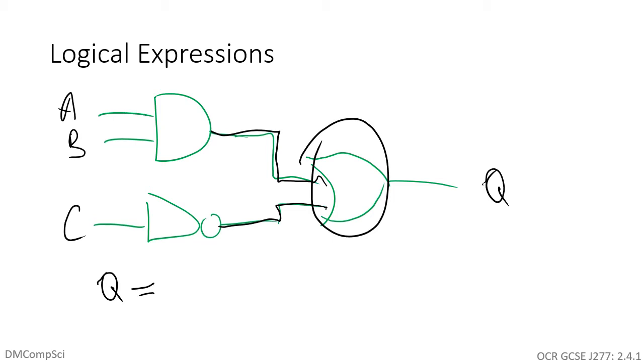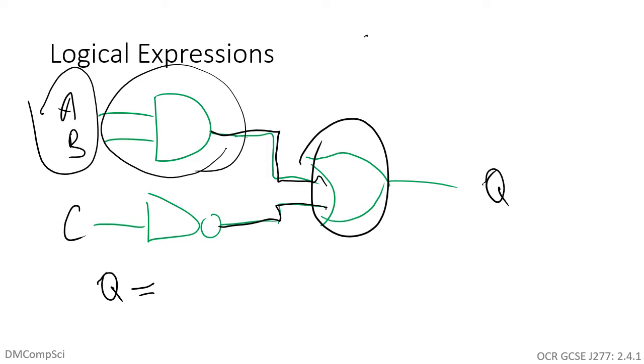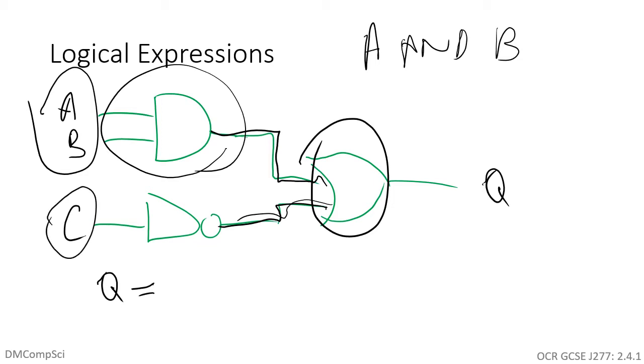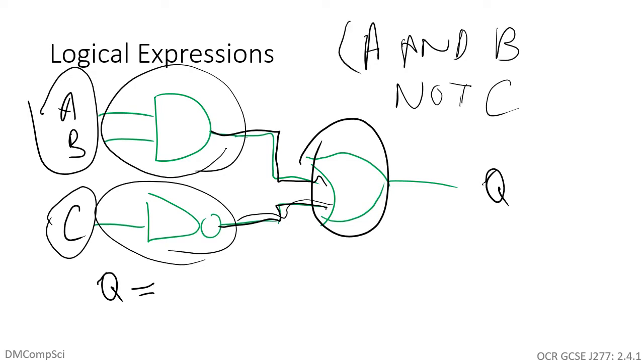Now this gate is an AND gate taking in inputs A and B. So what we can say is that this input is actually going to be A and B. Then we look at our next input, come across here, and we see we have a NOT gate, so it's the output of a NOT gate, and this NOT gate has the input C going into it, so therefore we can say that this input is actually NOT C. So therefore we have the inputs of A and B and NOT C going into an OR gate.